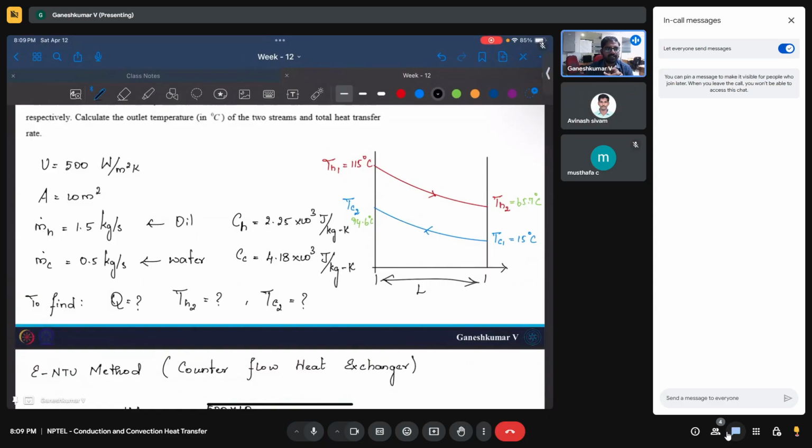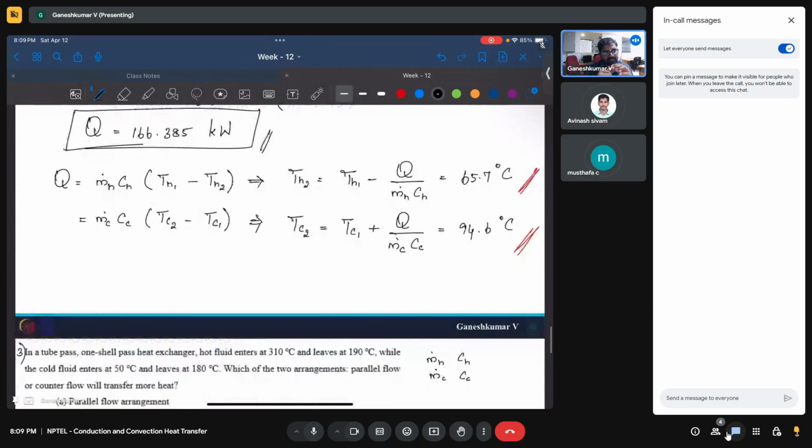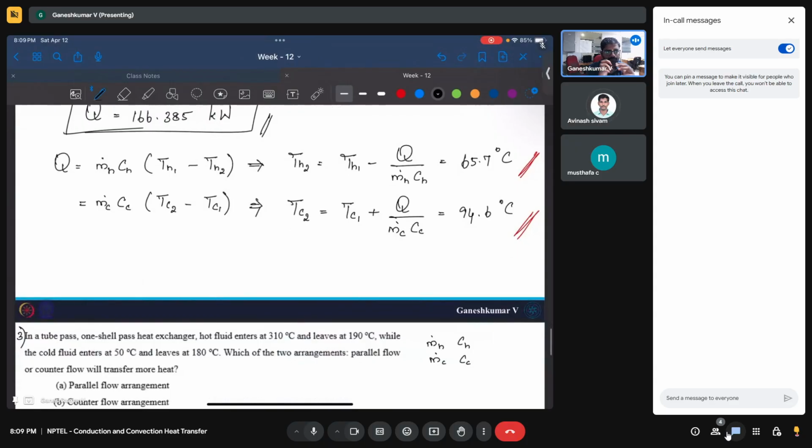Especially in convection, they might ask, if I change the viscosity, how does the Nusselt number change? If I change thermal conductivity, how does the Nusselt number change? All those kinds of questions can also come. Similarly, the questions that we solved today will also come. So both conceptual questions and numerical questions will be there.